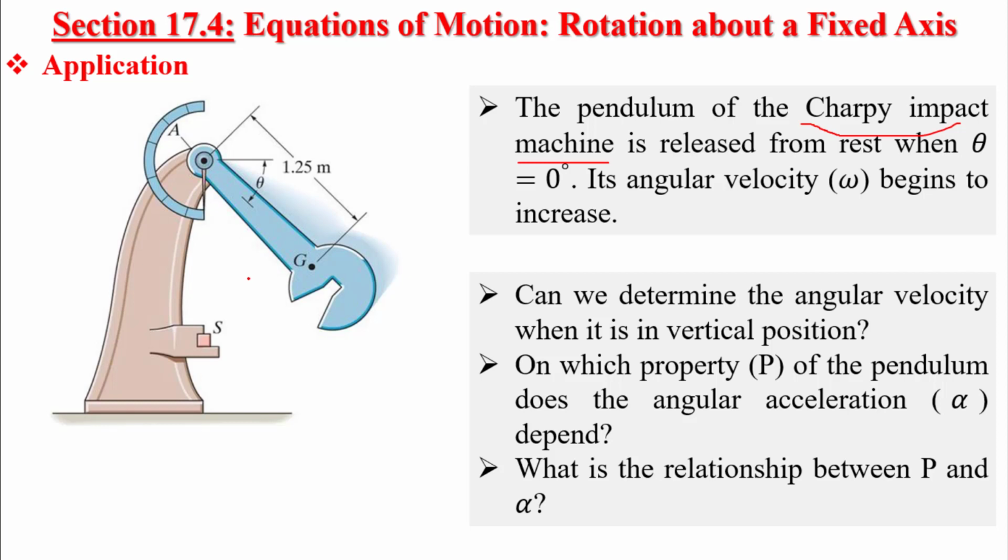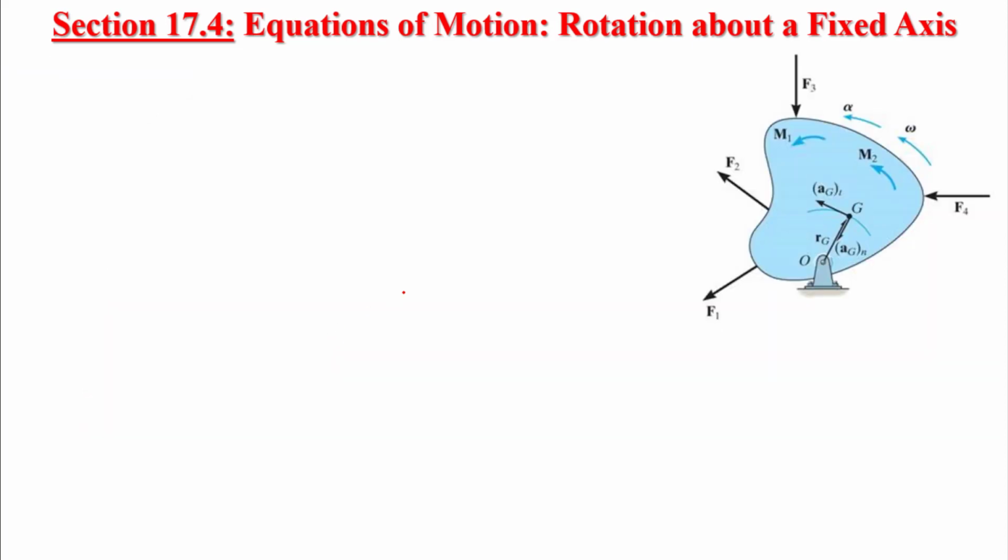I think they will take this experiment. I don't know in which lab. But this is Charpy and this is rotation because here we have a fixed point. So please read it carefully and try to answer those questions.